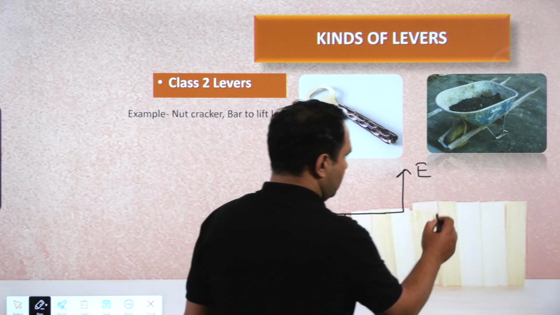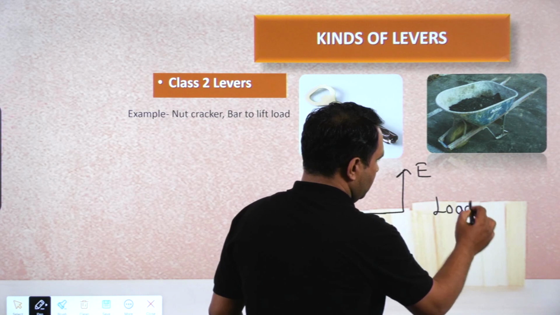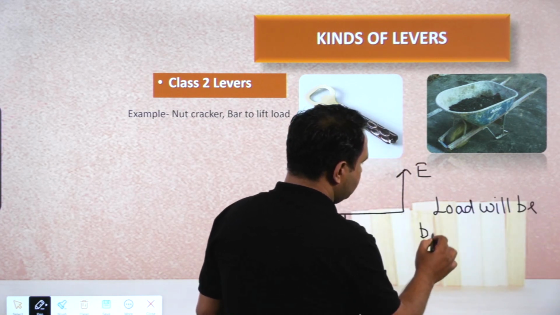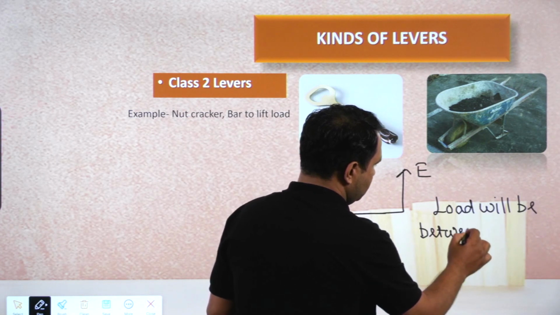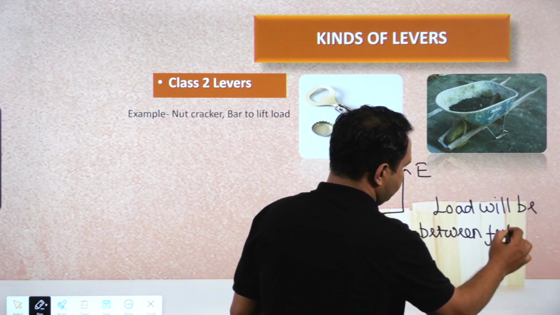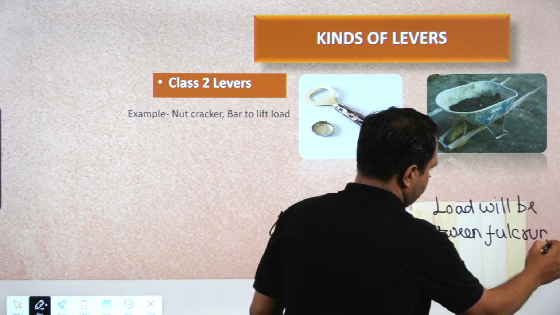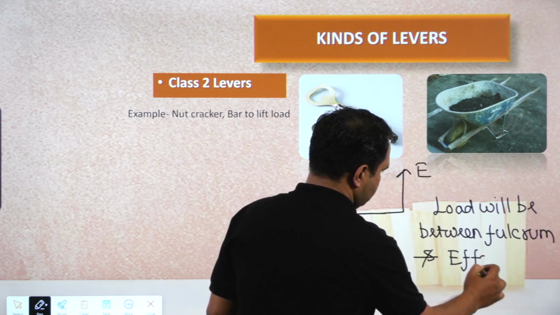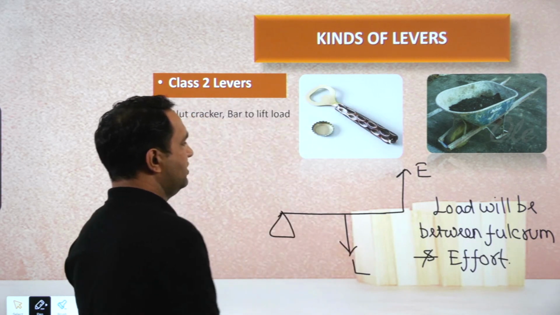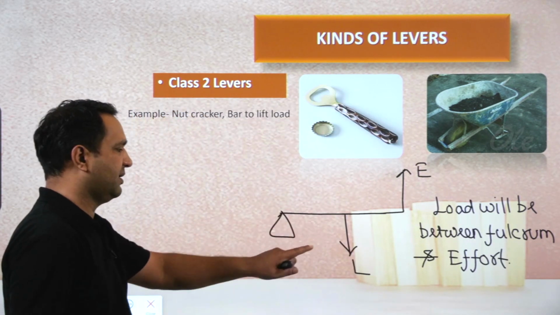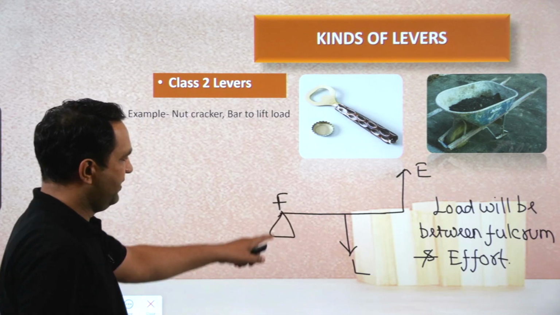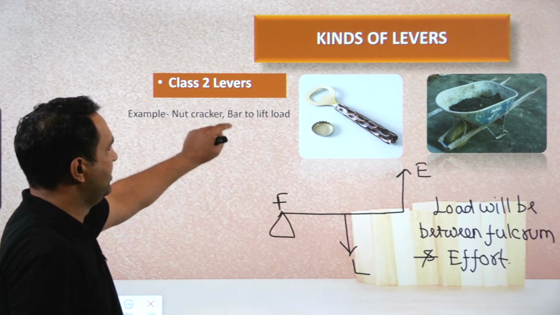So load will be between fulcrum and effort. In this class of lever, the load will be between fulcrum and effort, right? Such types of levers will be known as class 2 levers.